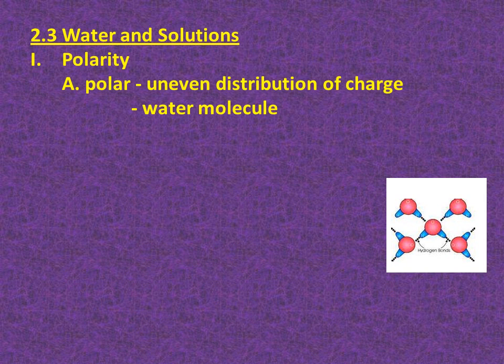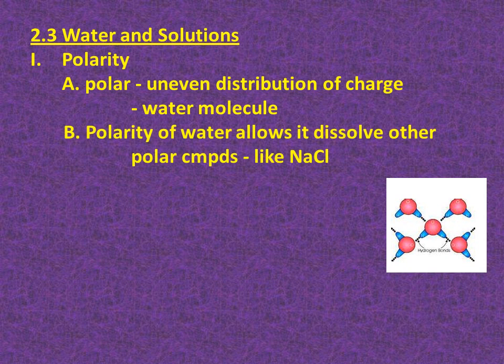So polarity. Polar means an uneven distribution of charge throughout, so how the electrons go around the atoms when they make that bond. The uneven distribution of charge in the electrons makes it polar, and a water molecule is polar.